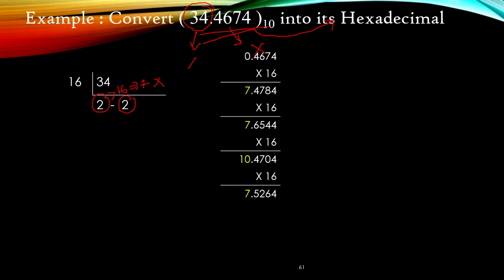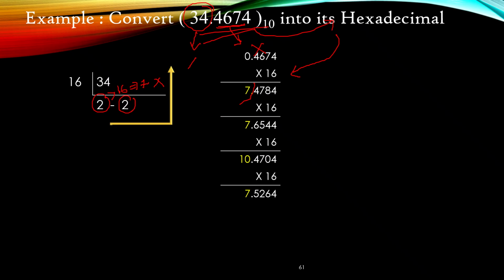Okay, so now coming to this one, 0.4674. As it is hexadecimal, the base value is 16. I'm going to multiply and take off the integer part of the product. Again, the multiplication I can continue for 3 or 4 times, as here there are 4 digits after the decimal. I'm continuing the multiplication for 4 times, right? So now we have to consolidate and take both the answers together.